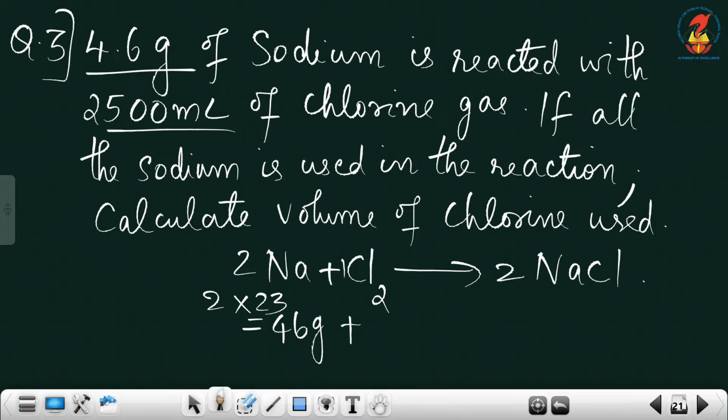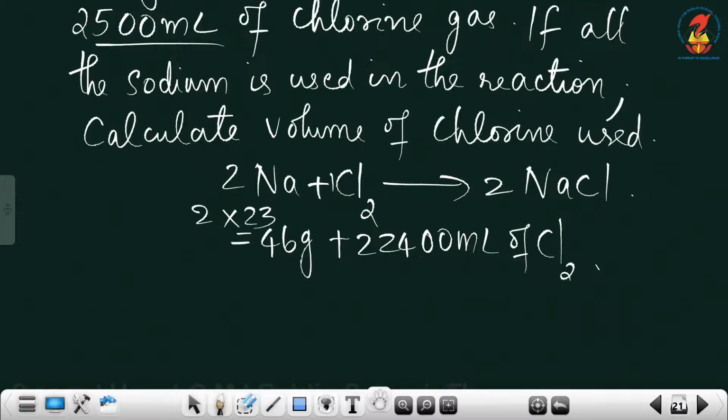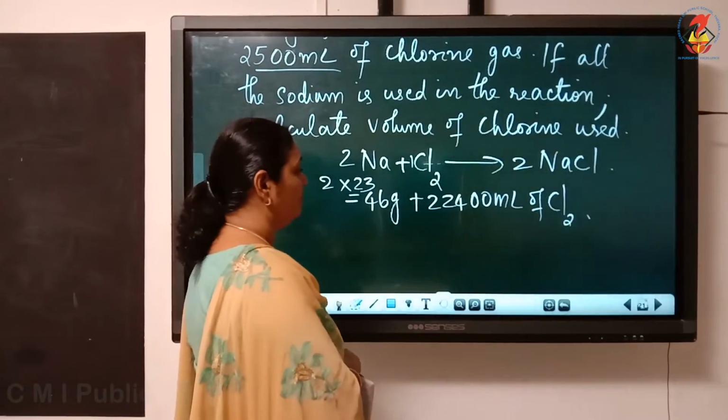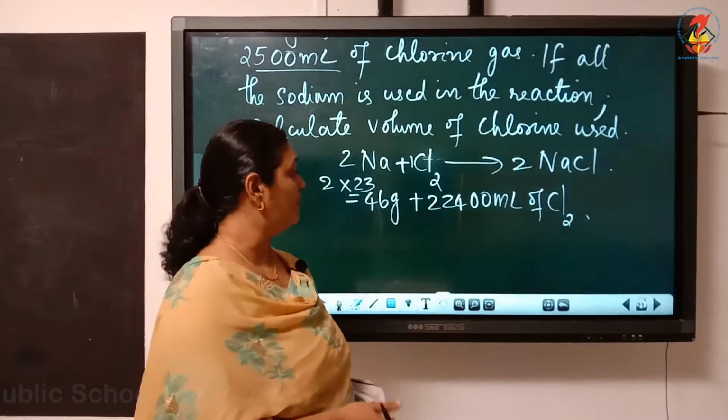Convert it into milliliter because it is given 2500 ml of chlorine gas. So 22.4 liters converts to 22400 milliliter of chlorine. According to the balanced equation, 46 gram of sodium combined with 22,400 milliliter of chlorine.